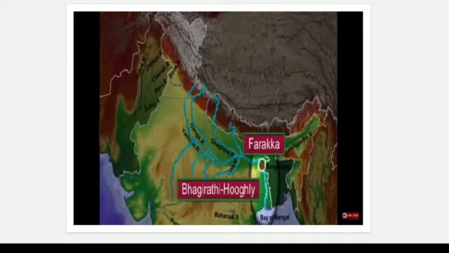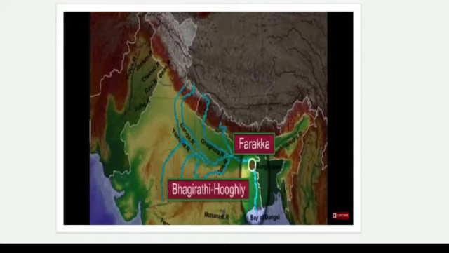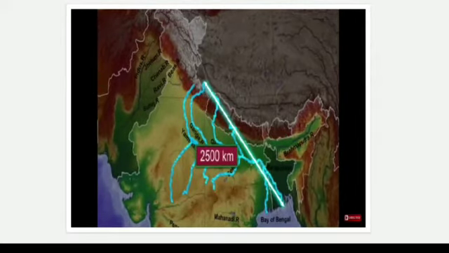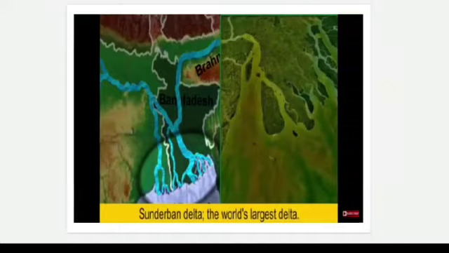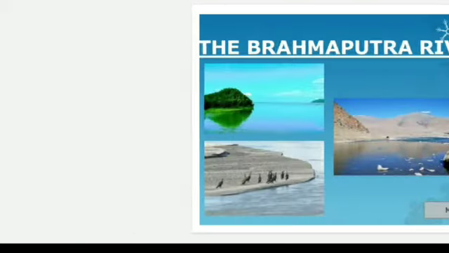And the main branch moves through Bangladesh and it is also joined by the Brahmaputra river. The length of Ganga river is 2,500 km. Here you can see the world's largest delta, that is Ganga Delta or Sundarban Delta.